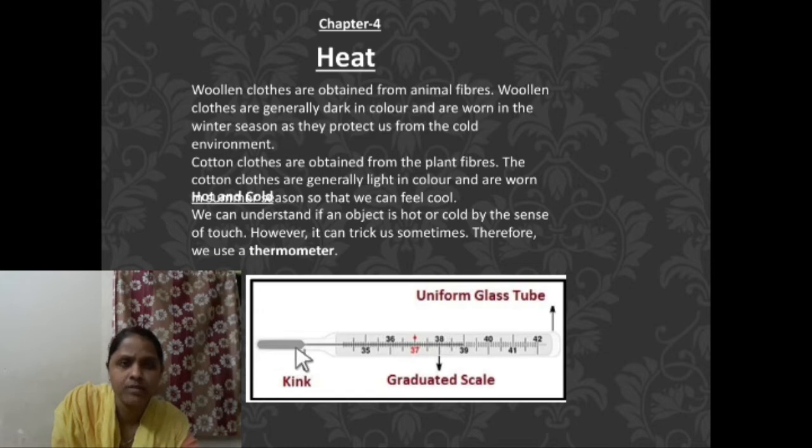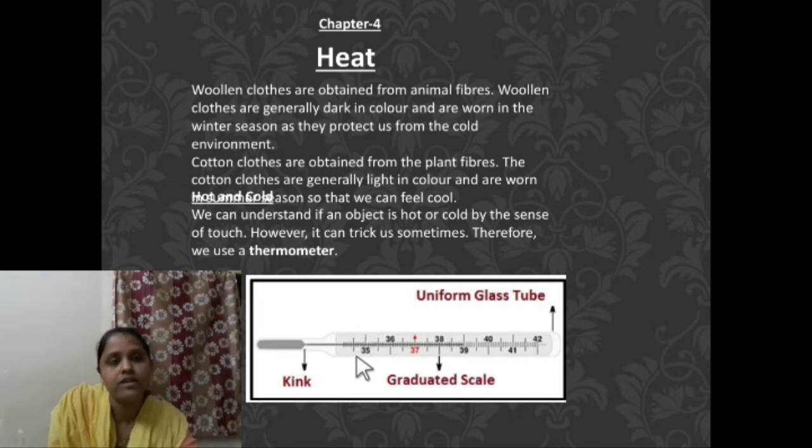In that glass bulb mercury metal is present, and when we put this clinical thermometer in our mouth, automatically the level of the mercury increases from 35 degrees Celsius and above. The scale we observe on this clinical thermometer is from 35 degrees Celsius to 42 degrees Celsius.